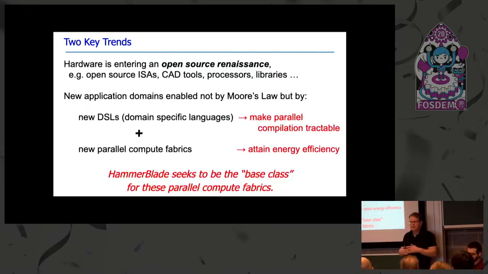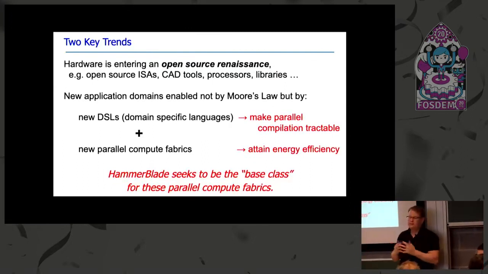And then at the same time, we have all of these new application domains that are enabled essentially by Moore's law winding down. Right. And the key technologies for enabling these domains are the development of new DSLs, domain-specific languages that help make the process of compiling some application and getting it to run in parallel feasible, and then also the availability of new parallel compute fabrics.